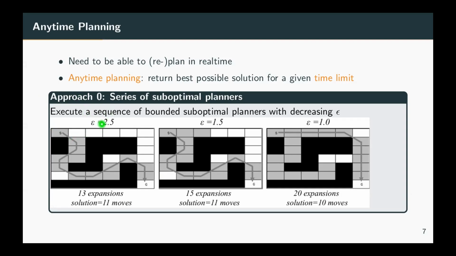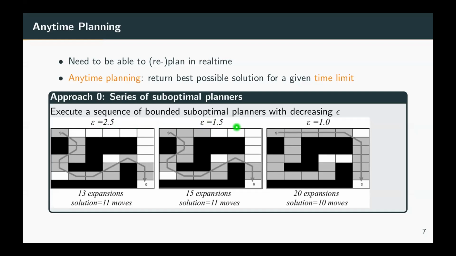If somebody queries, give me a solution, we return it. But if we have more time on our hands, we just repeat our search with a smaller epsilon value, so let's say 1.5. We find potentially a better plan. If not, then we are sure that the solution we have is within a factor of 1.5 of the true optimal solution.